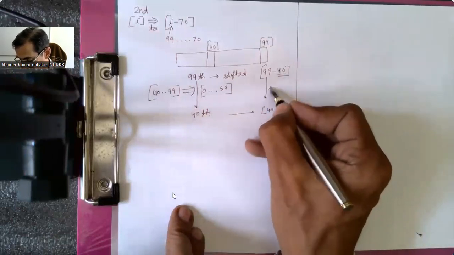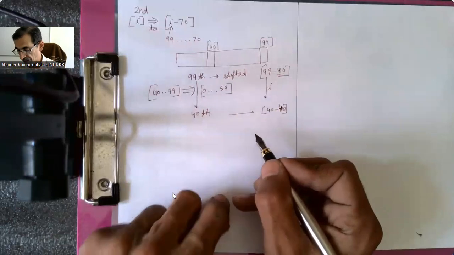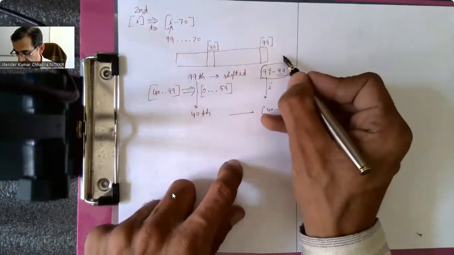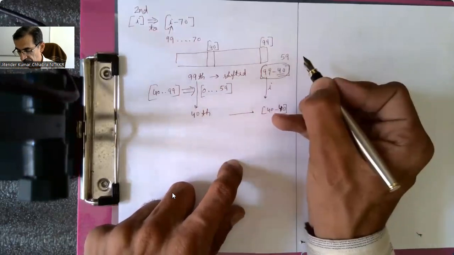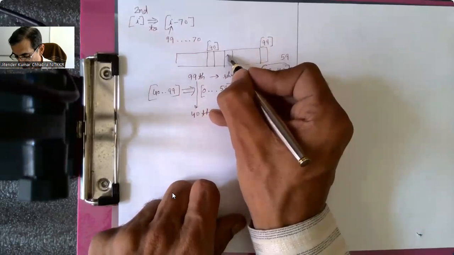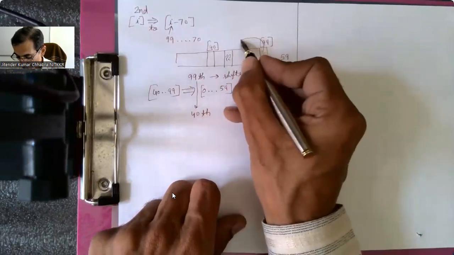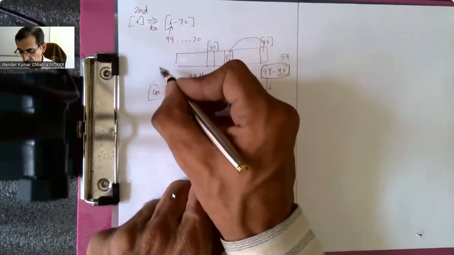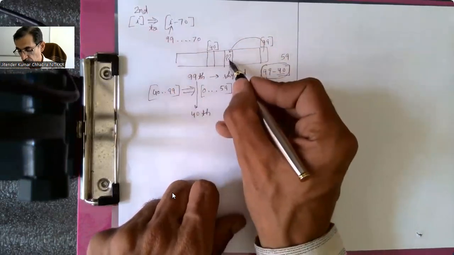But now it becomes a problem. 99 minus 40 actually means 59. The 59th location has some data here. If you copy the 99th and by that time the 59th data has not been shifted back, you overwrite the 59th location.